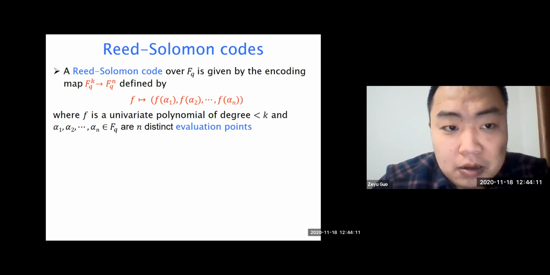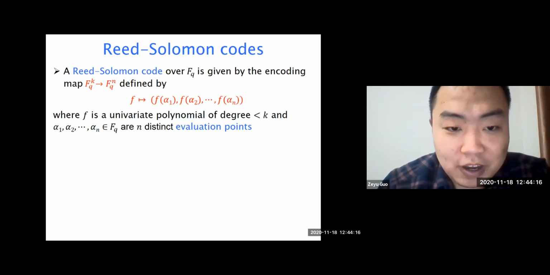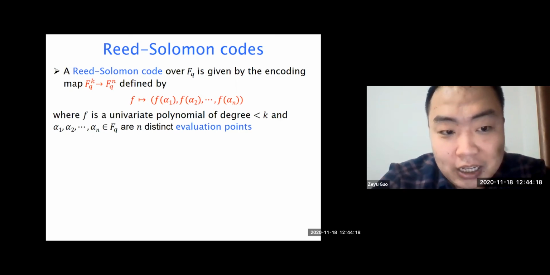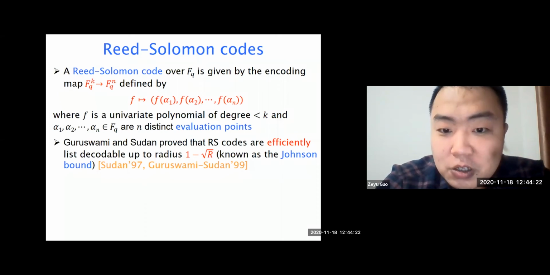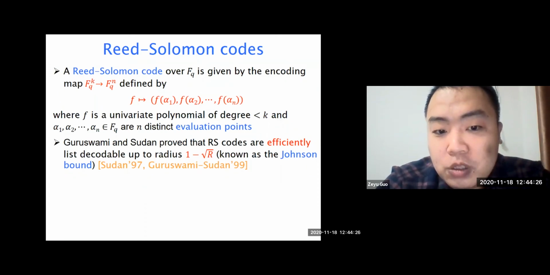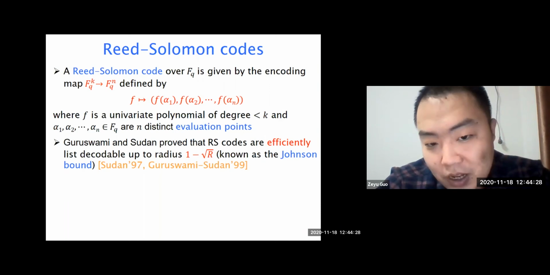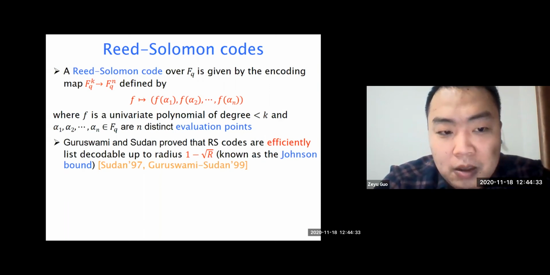This is one of the most important, most well-studied codes. And Guruswami and Sudan, in their celebrated work, show that Reed-Solomon codes are efficiently list decodable up to the radius about 1 minus square root of r. It's also known as the Johnson bound.